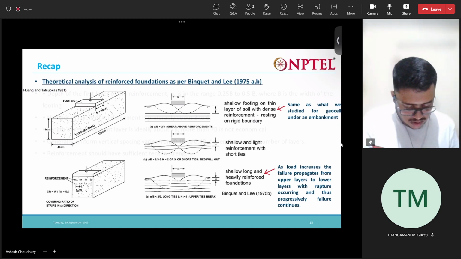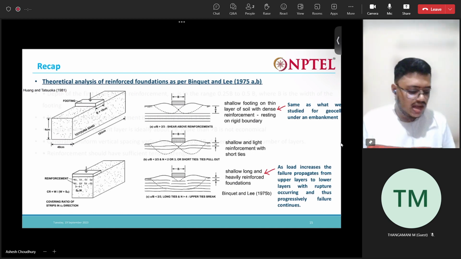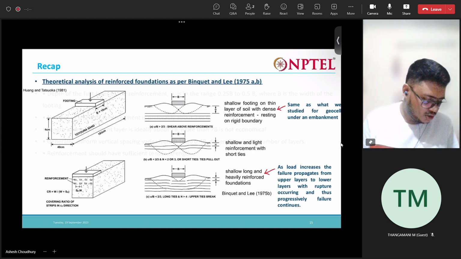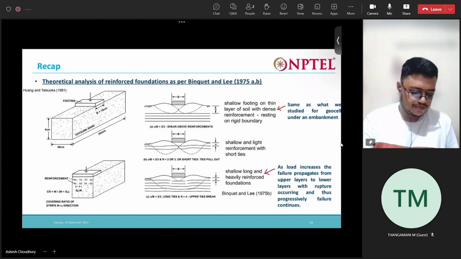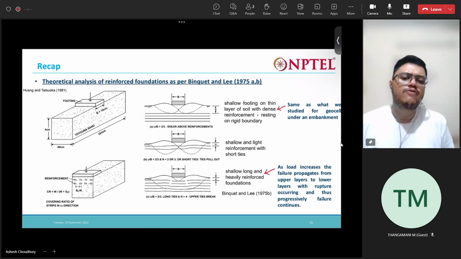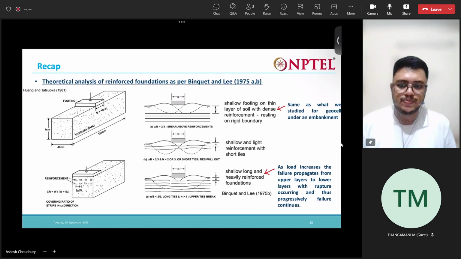As we already discussed, there are three modes of failure. In the first mode, we have a shallow foundation on a thin layer of soil with dense reinforcement, resting on a rigid boundary. This failure mode is the same as what we studied for the geocell under the embankment.